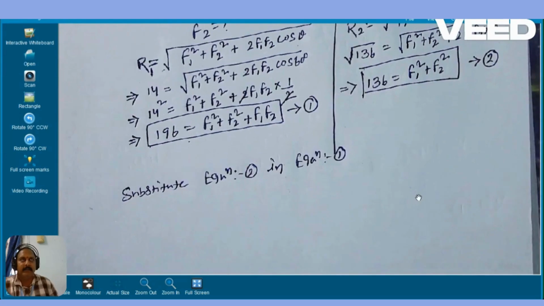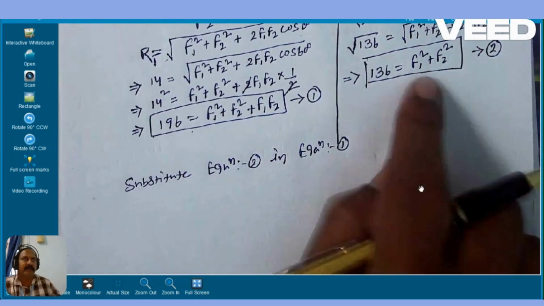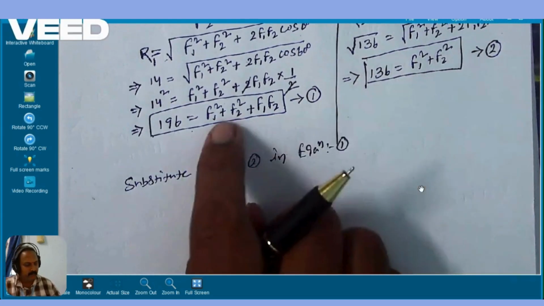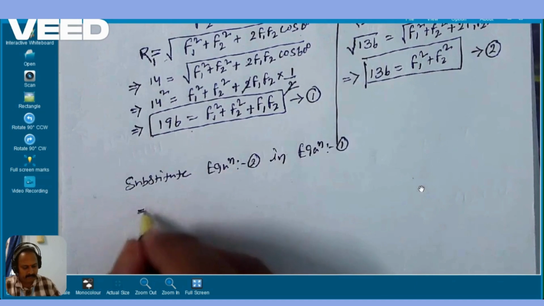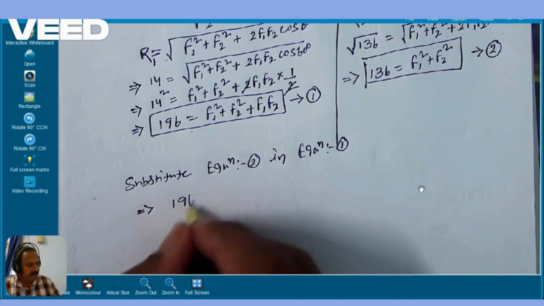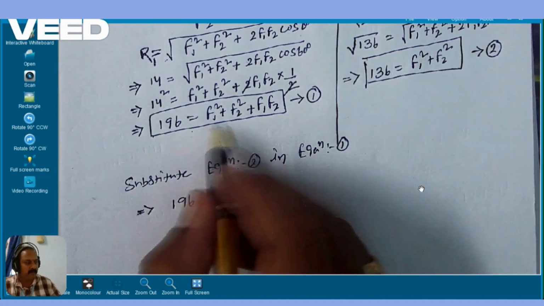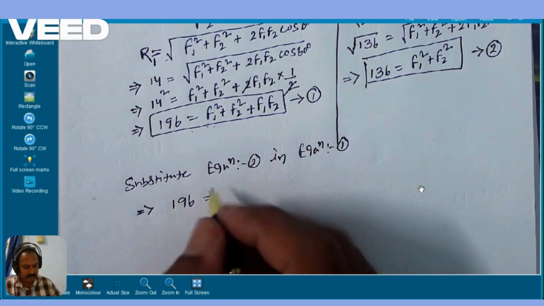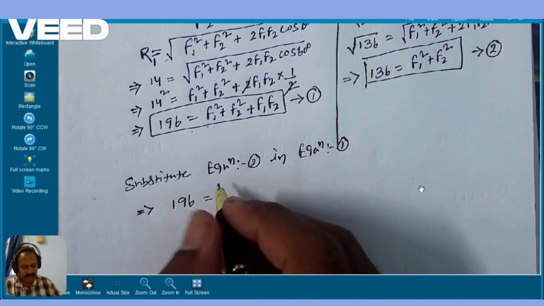Equation 2 says F1 square plus F2 square is equal to 136. That we will substitute here. So when we substitute, 196 is equal to F1 square plus F2 square. What is the value here? The value is 136.